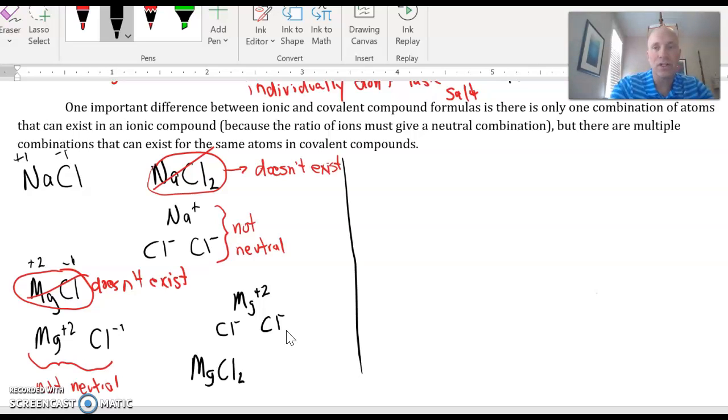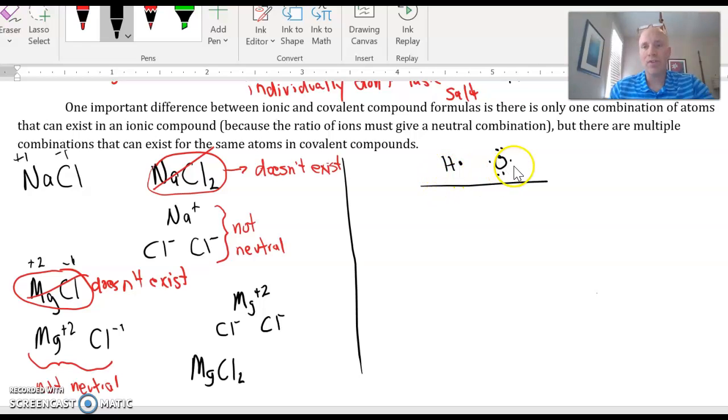There is no such thing as MgCl. In the same idea, there is only NaCl. There is no NaCl2. So for any 2 particular atoms, there's only one compound that can exist. This is going to be a little bit different for covalent compounds.